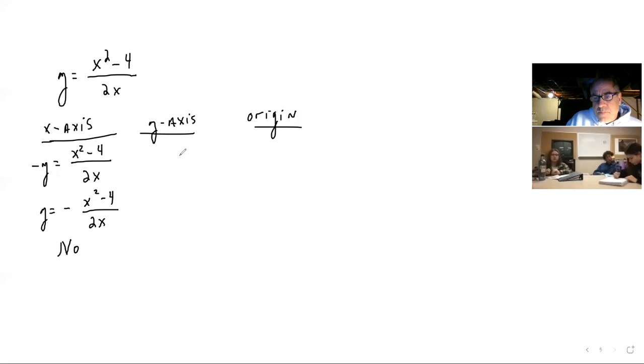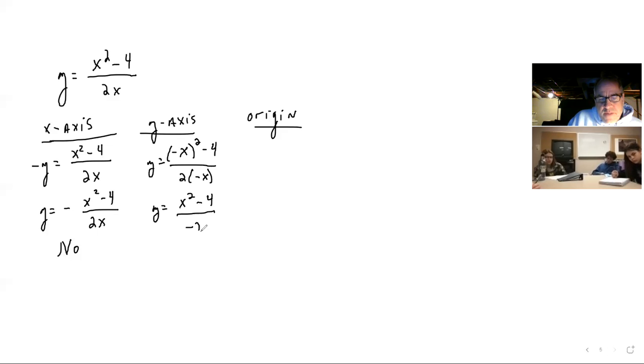Y-axis, I put in the opposite of x everywhere I see x. So I would have y equals now the opposite of x, all squared, minus 4, and then 2 times now negative x. And that negative up top will square out, and that's going to give me x squared minus 4.